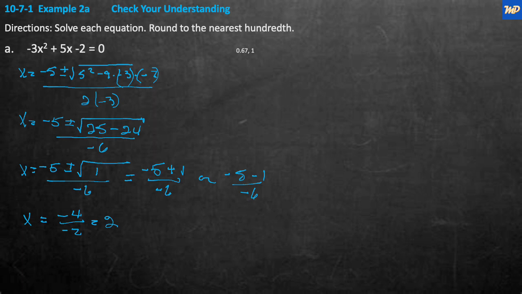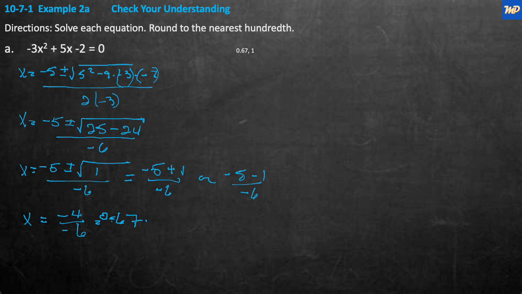Did I do that right? Oh, that ain't a 2. Sorry. I can't even read my own writing, and I'm sorry about that. It's not what we've got here. It's negative 4 over negative 6. And that equals negative 4 over negative 6 is equal to 0.67, because it's 0.666666.